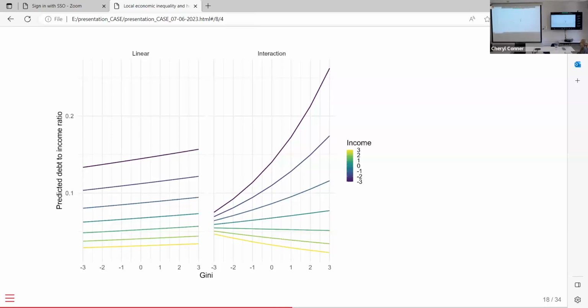And much higher, I mean, it depends on the level of inequality. So the lowest group here has way higher predicted debt to income ratio in areas of high inequality. And higher income households have slightly lower debt to income ratios as you vary inequality.